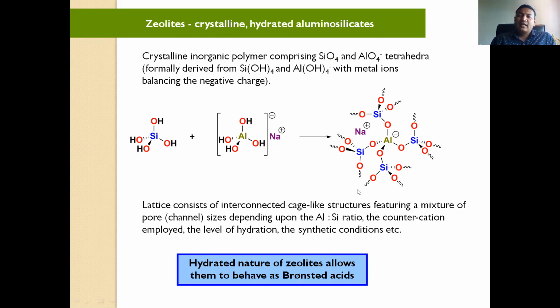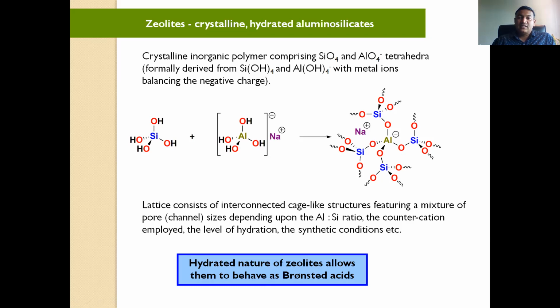So this is the exact structure of zeolites you will find in catalysis. And see, the hydrated nature of zeolites allows them to behave as a Bronsted acid. If hydration of the zeolite is there, it will have some acid, meaning hydrogen will be available there, and then it will behave as a Bronsted acid.